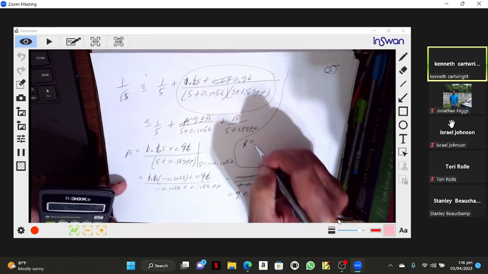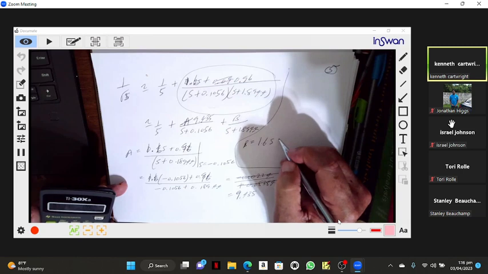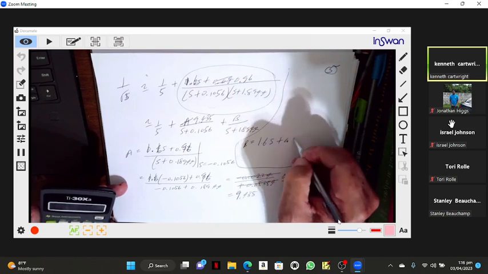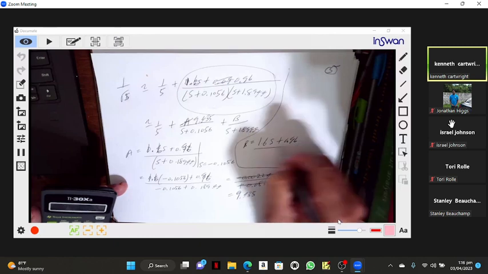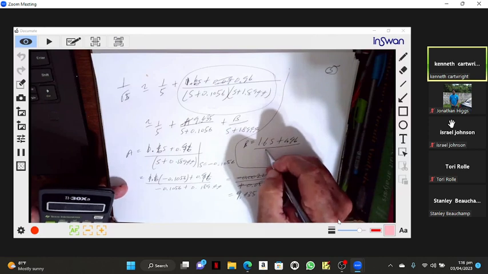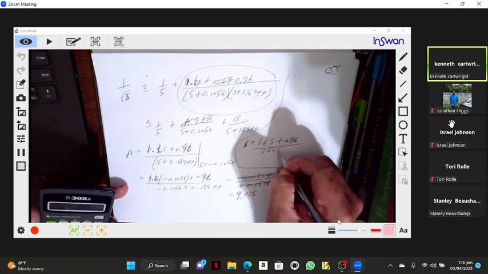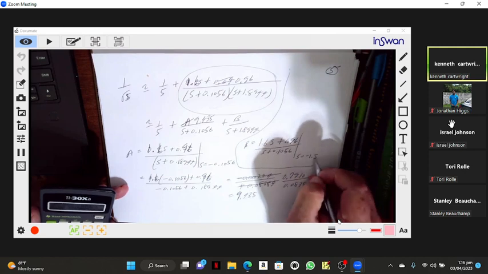So B is 1.6s plus 0.96 divided by s plus 0.1056, where s equals negative 1.8944.